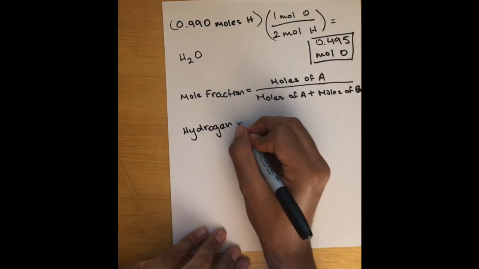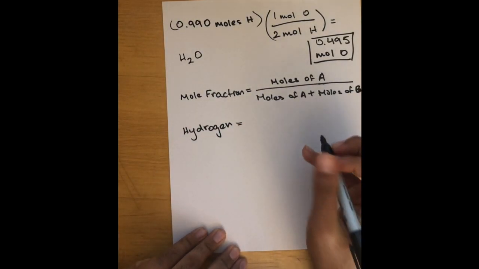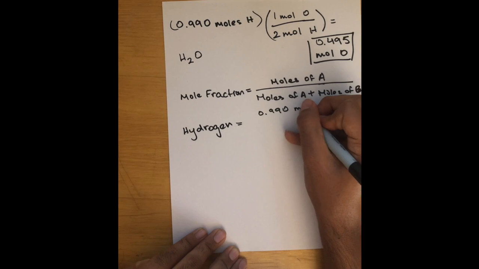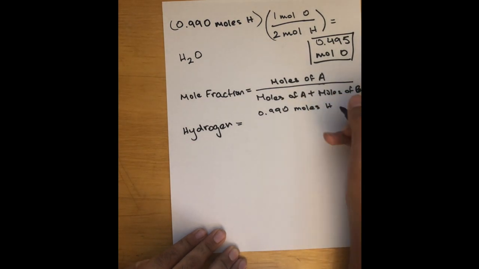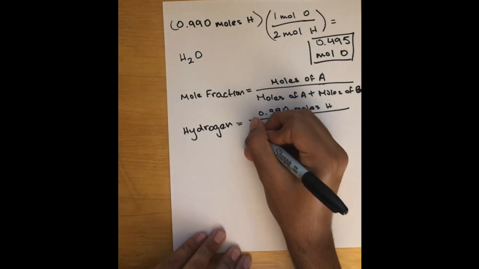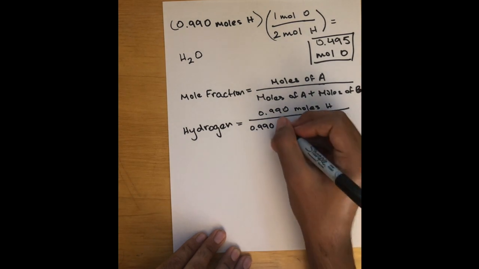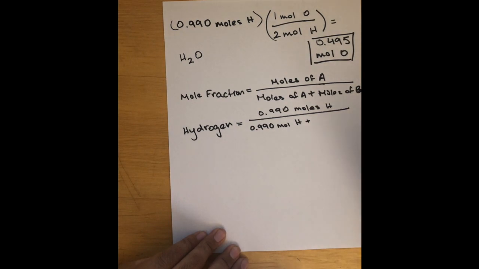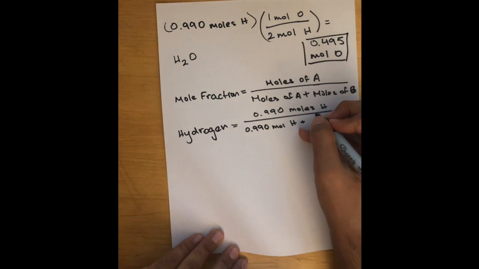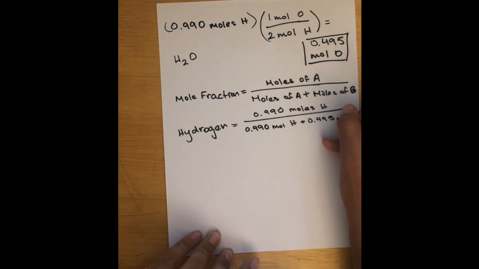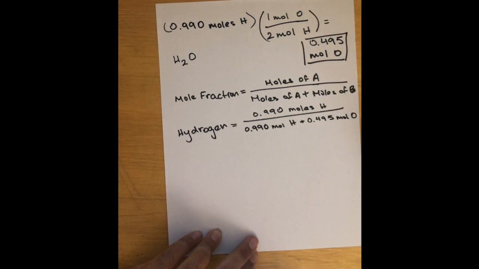So all we're going to do is find the moles of hydrogen, which we know to be 0.990 moles hydrogen. We'll put that over our moles of hydrogen, of course, 0.990 mole H, plus our oxygen quantity, which we've determined to be half of what the hydrogen quantity is, and thereby it's going to be 0.495 moles of oxygen.